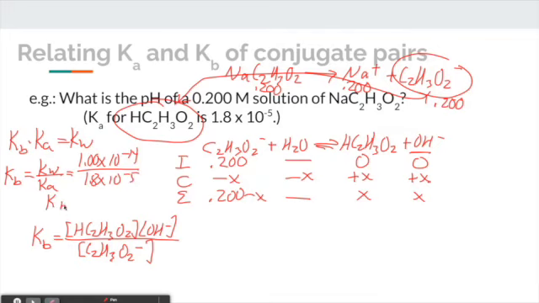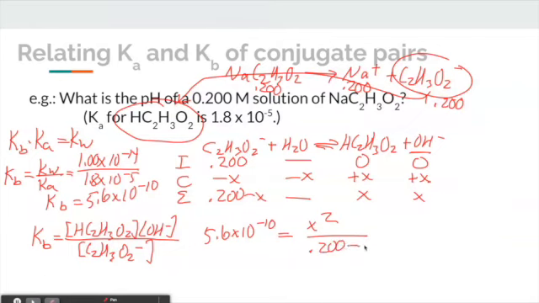So our Kb value is given by this ratio. And that ends up being 5.6 times 10 to the minus 10th. So that means then that 5.6 times 10 to the negative 10th is equal to X squared divided by 0.200 minus X, or because 10 to the minus 10th is small, you could drop that as well.